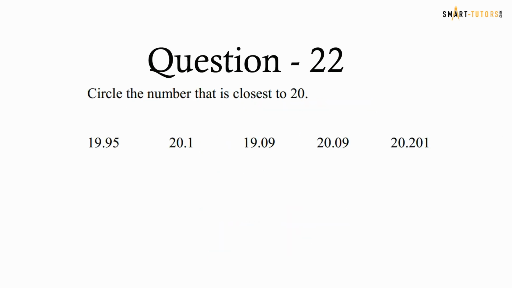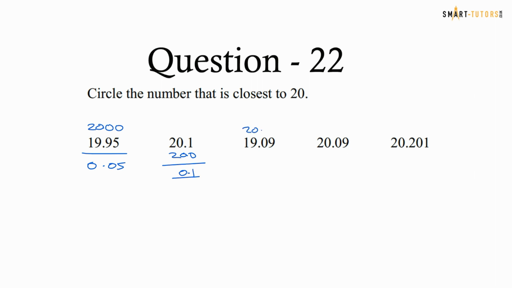Question number 22. Circle the number that is closest to 20. So the way to do it is, if you take away from 20, you will get 0.05. So here, if you take away, because this is a bigger number than 20, 0.1.